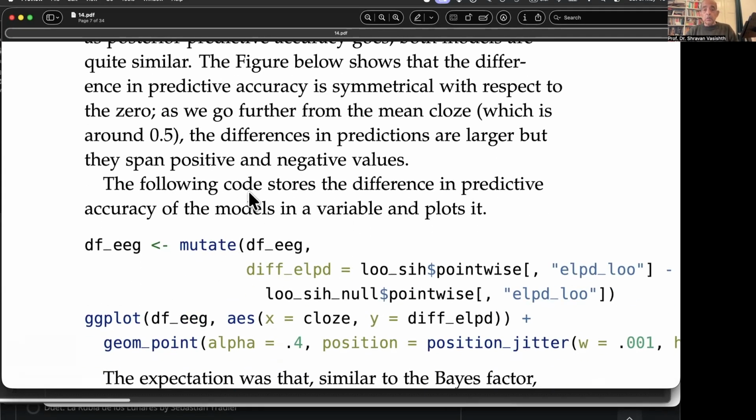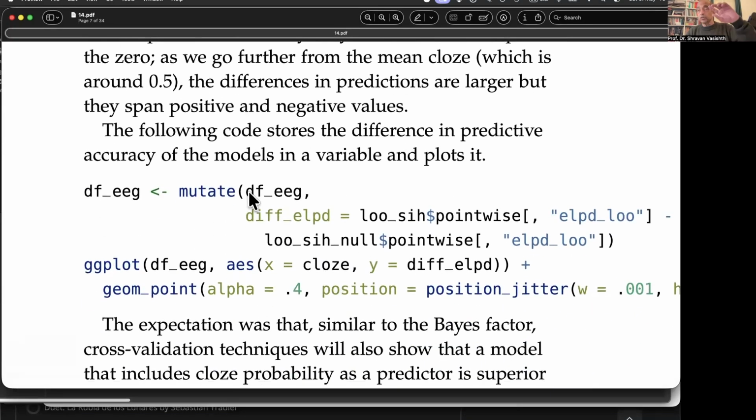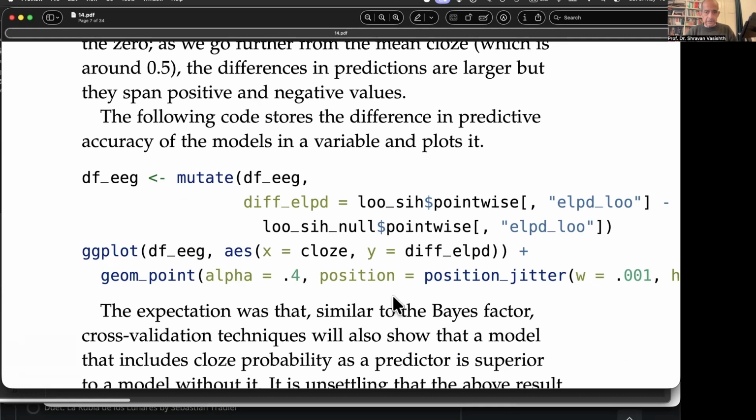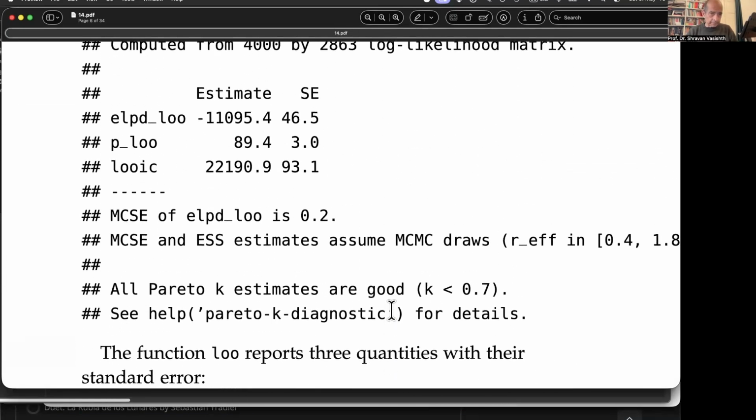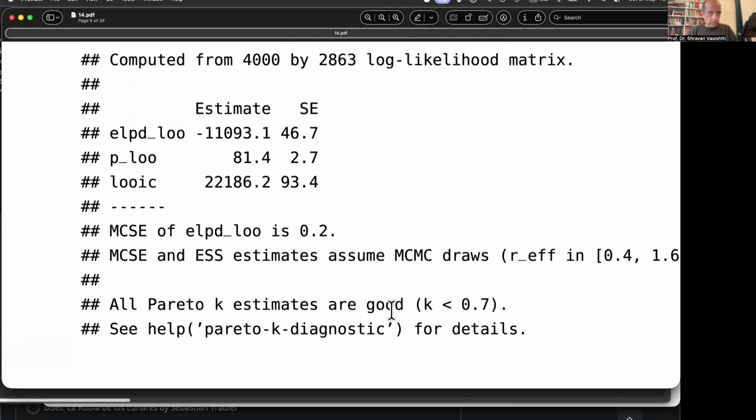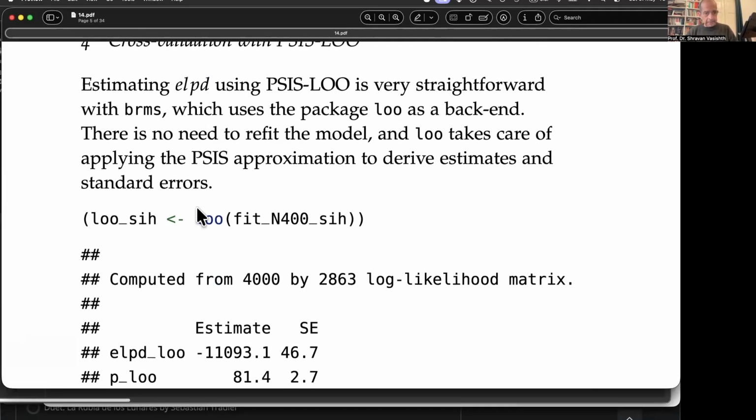One interesting thing to think about is that those pointwise ELPDs that I mentioned in the beginning of the lecture can be extracted from the ELPD-LOOs that we computed. Remember, in the full model, I saved the result of the loo function that was taking as input the full model, and in this object are the pointwise ELPD estimates.